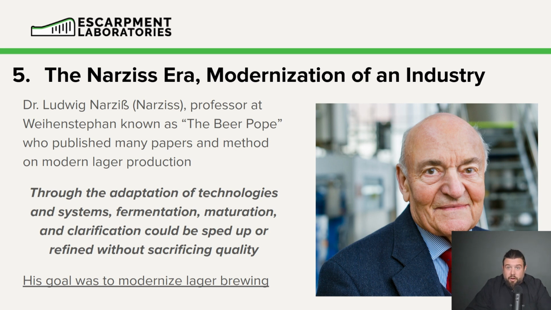Narziss saw that all the manufacturing protocols inside the brewing industry at the time were not efficient. These 90-day cycles, or the way in which they were making their product, were unnecessarily time-intensive and costly. He said we needed to modernize, and so people did.